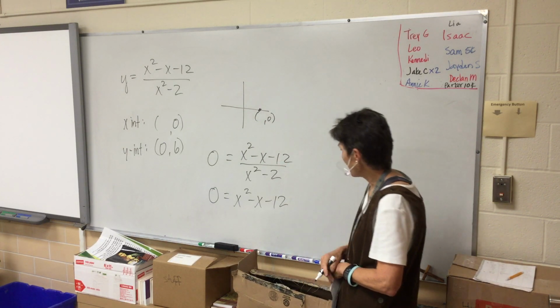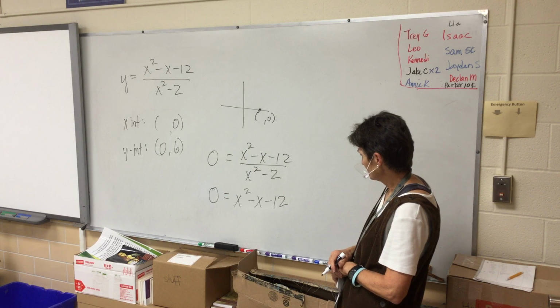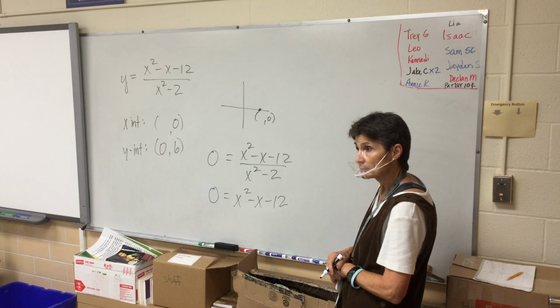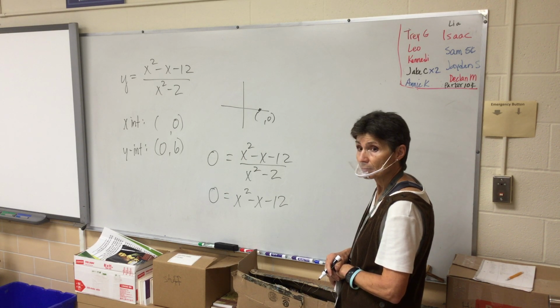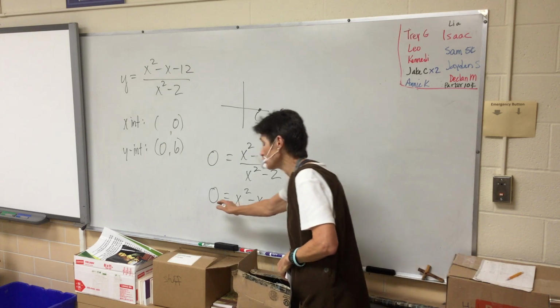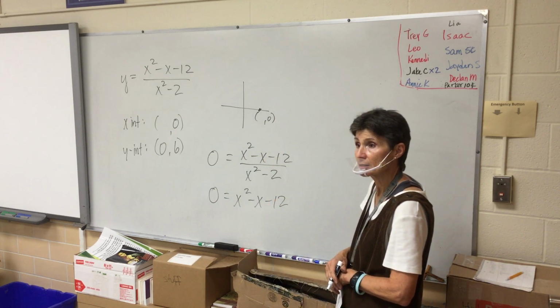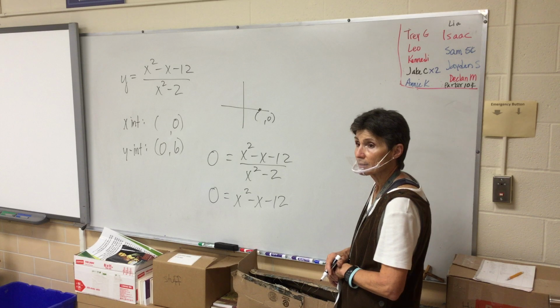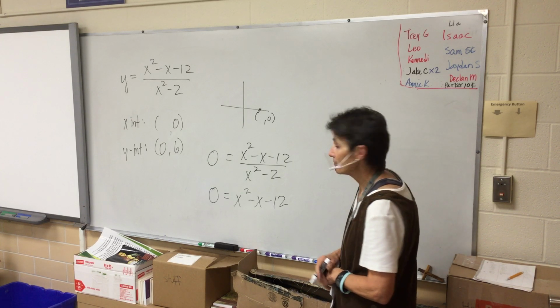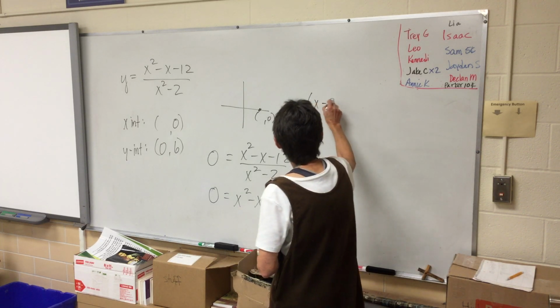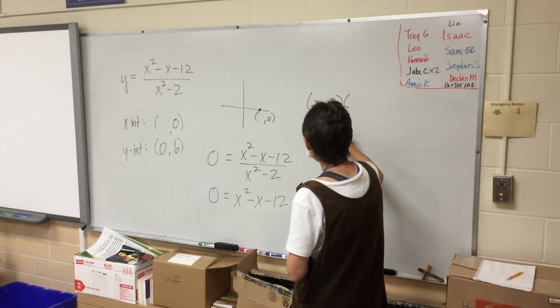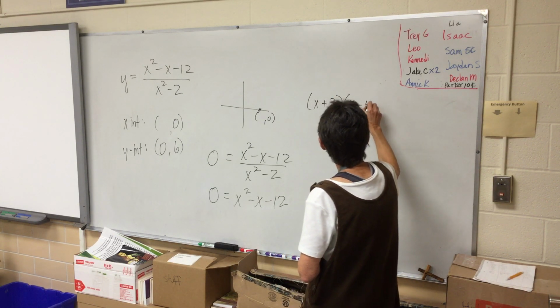Now how do I solve that? What do I do with that? You have to solve that equation. What kind of equation is that? Quadratic. That's a quadratic. So we can factor it, or use the quadratic formula.